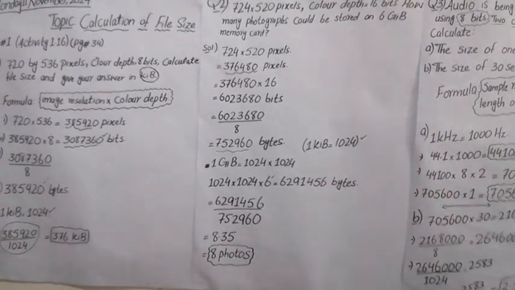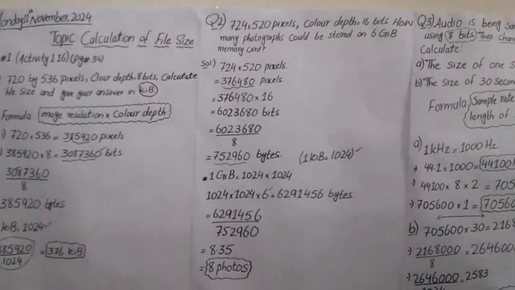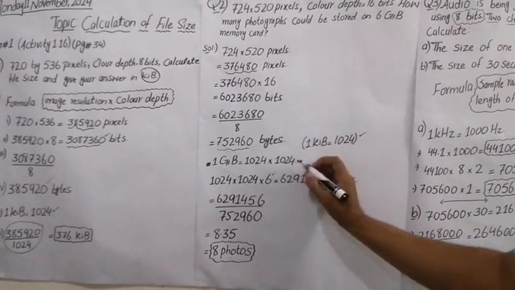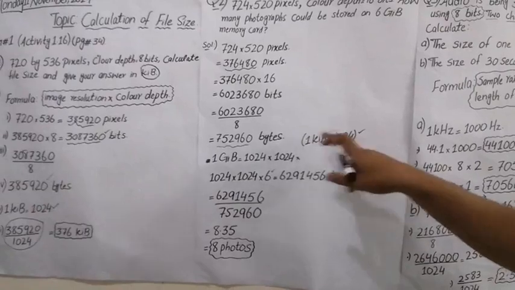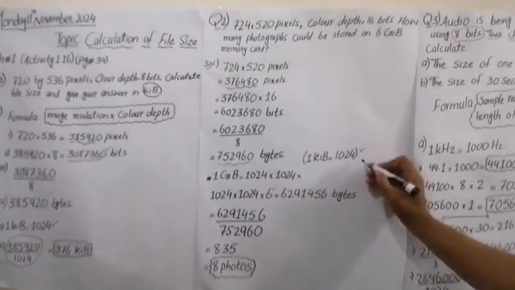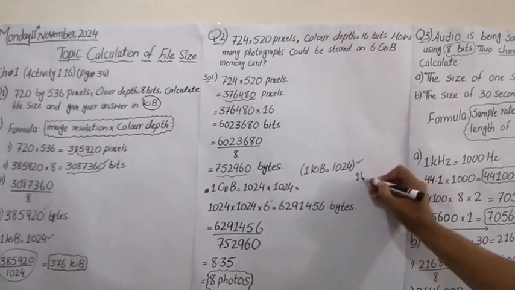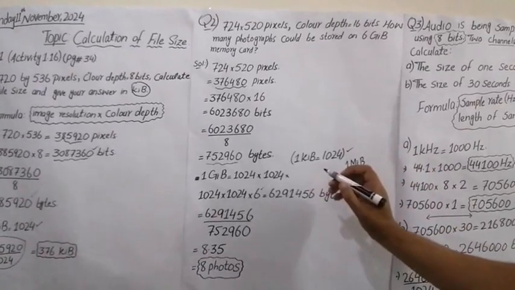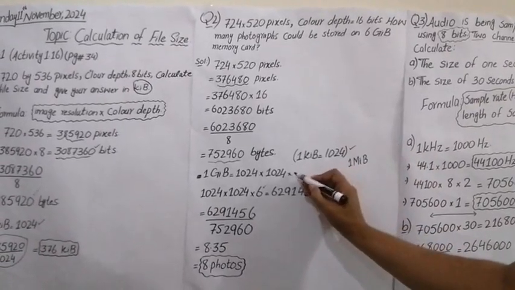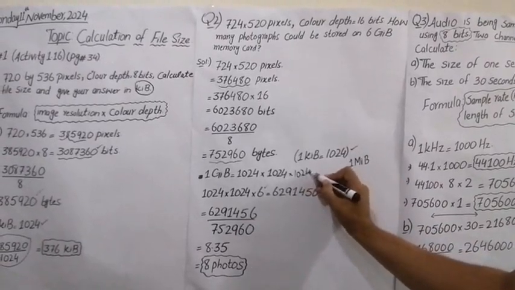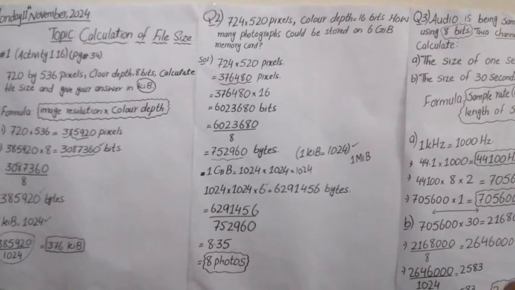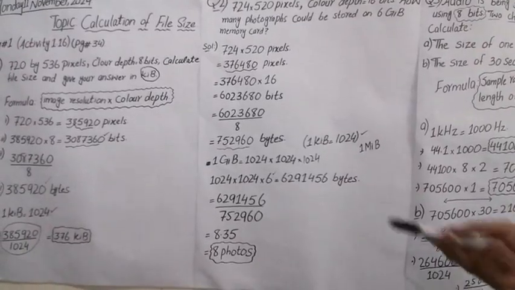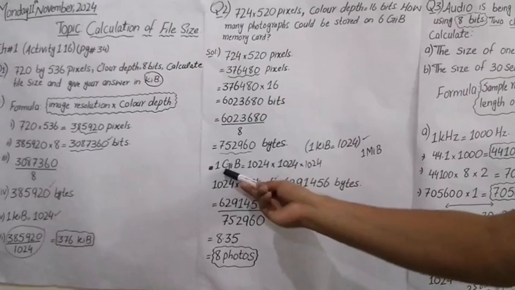Okay, there is one thing here which I want to add: multiplying this value of 1 KB twice will give you the value of 1 MB, right? So what you have to do is multiply the value 3 times, and by doing this you will get your value of 1 GB.